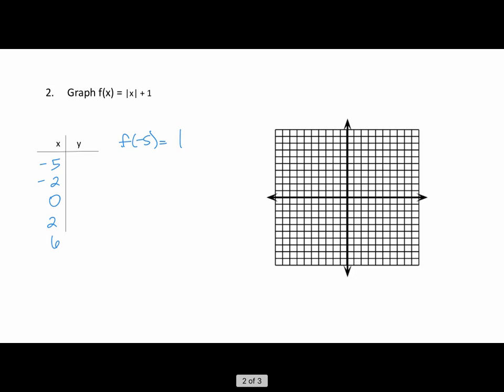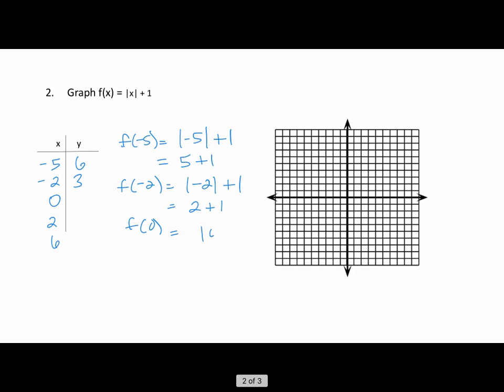So f of -5, we're going to put that in for x, and the absolute value means distance from 0, so that's 5 units. Plus 1 will give me 6. Let's try -2. So absolute value of -2 is 2 units from 0. Plus 1 is 3.